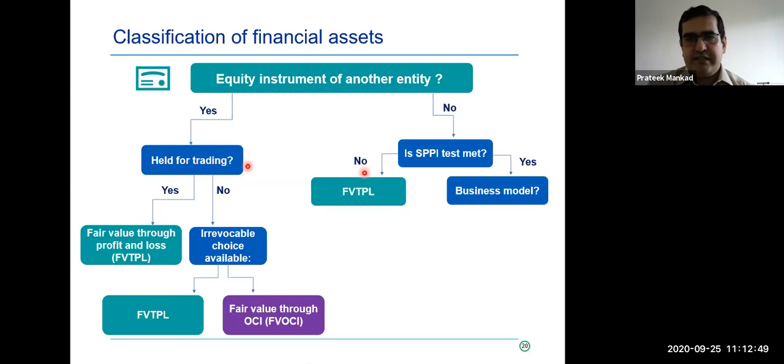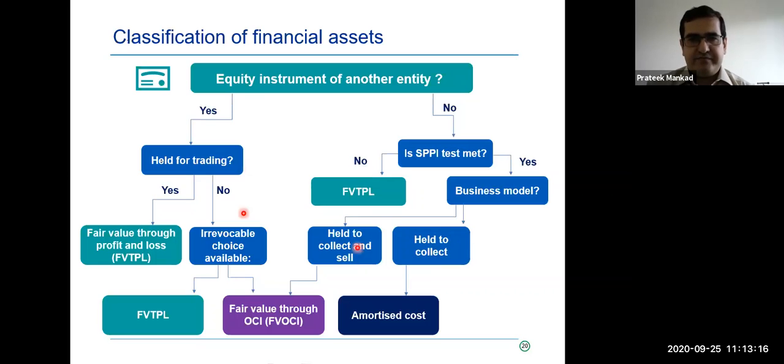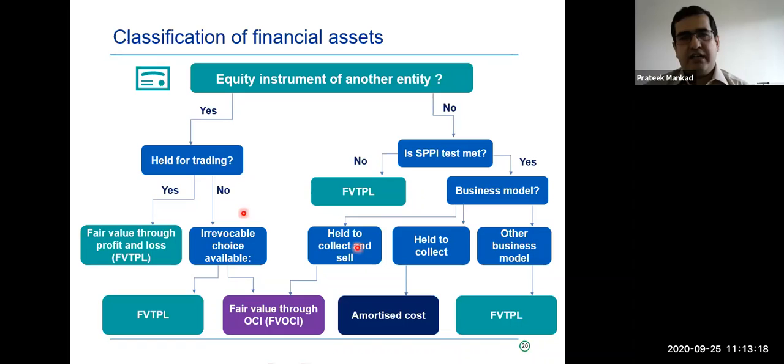In those cases, the business model test basically then says, as management, once you have given the loan, do you always hold the loan to collect to its maturity, or do you originate the loan but you also periodically keep selling it, which is held to collect and sell, or is it another business model?